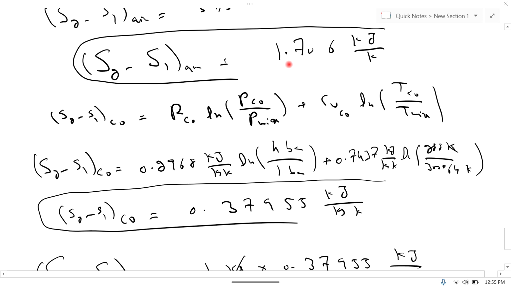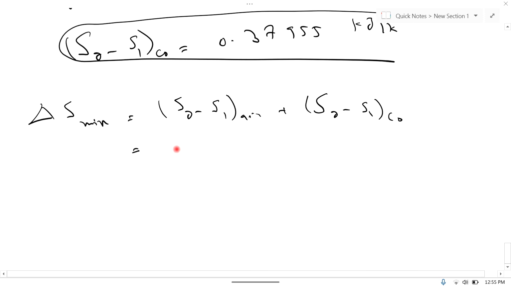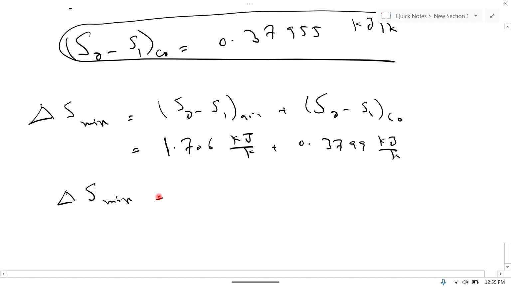Oh, sorry, this is 1.706 kilojoule per Kelvin plus, for carbon monoxide, 0.37955 kilojoule per Kelvin. So total entropy change of the mixture is equal to 2.08 kilojoule per Kelvin.